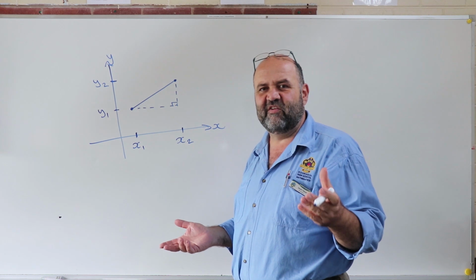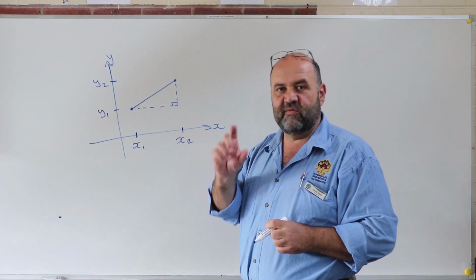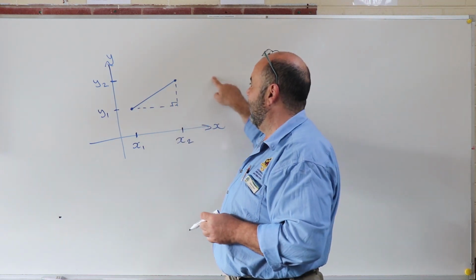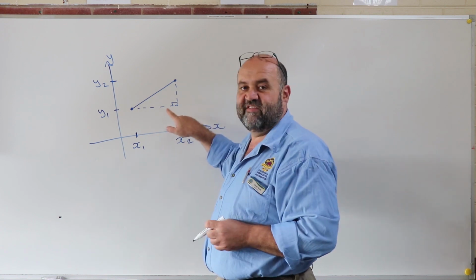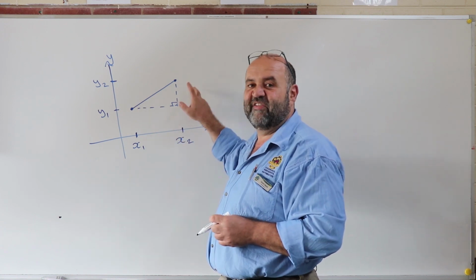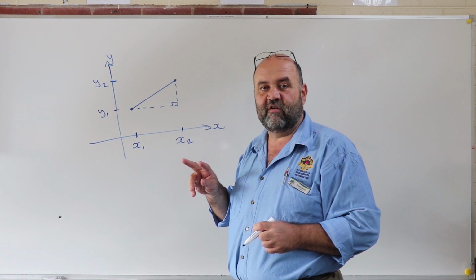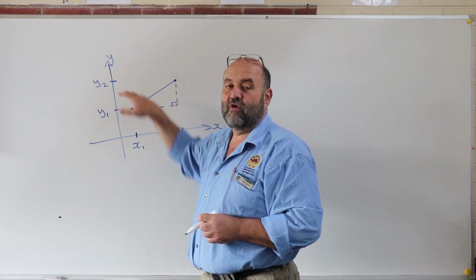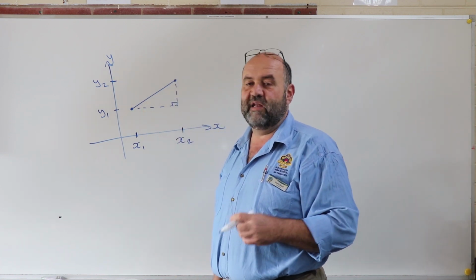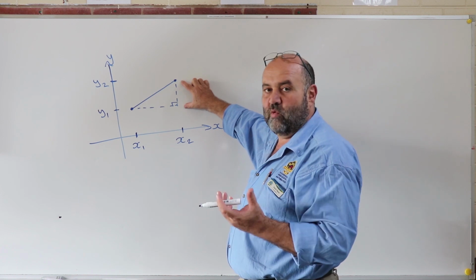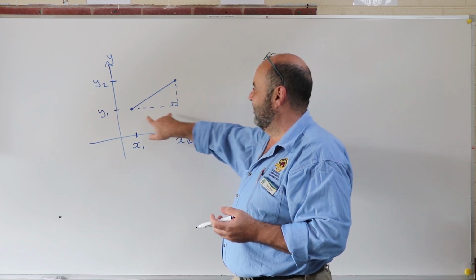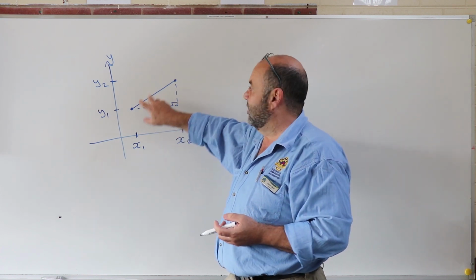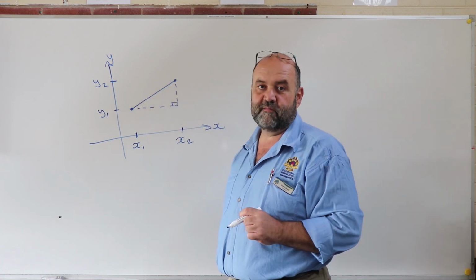What did Pythagoras' theorem tell us? It told us that the sum of the squares on the two short sides was equal to the square on the hypotenuse. In other words, this length here squared plus this length here squared was equal to this length here squared.